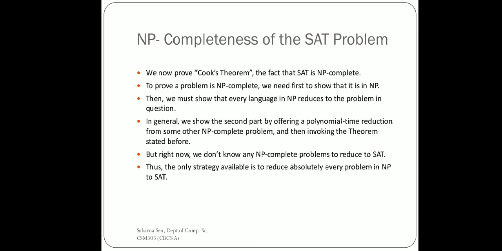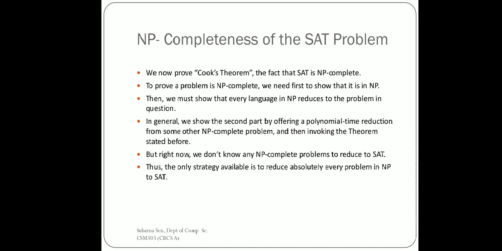So if this is a base problem, for other problems we will not directly try to prove them NP complete. Rather, we would try to map those problem instances to the problem instances of the SAT problem, so that we can prove that the new problem is also NP complete.